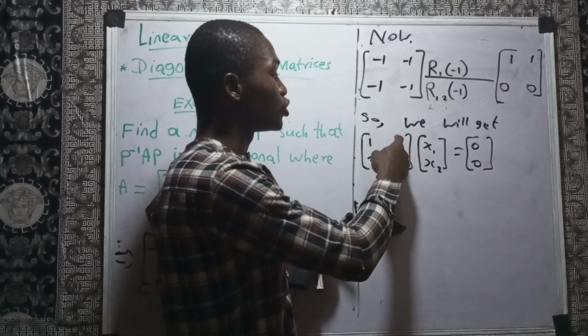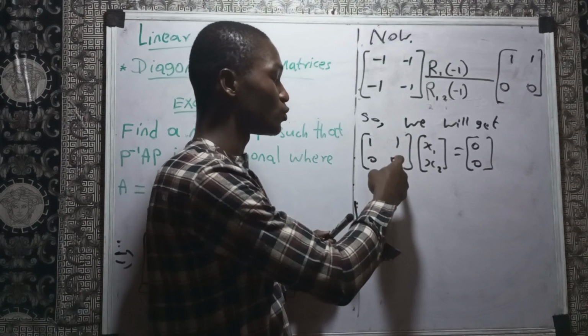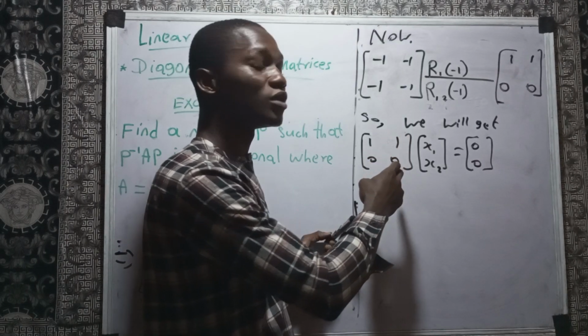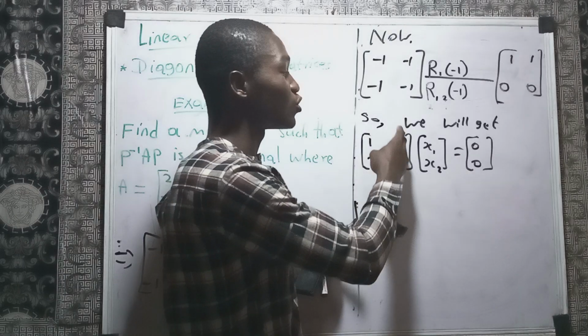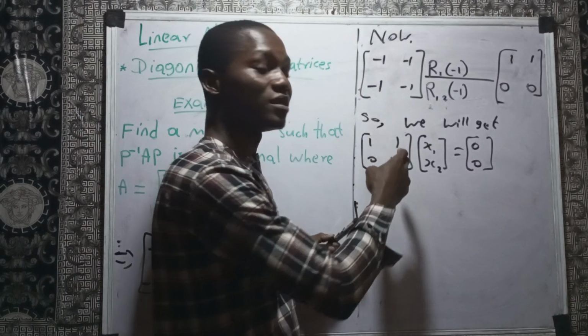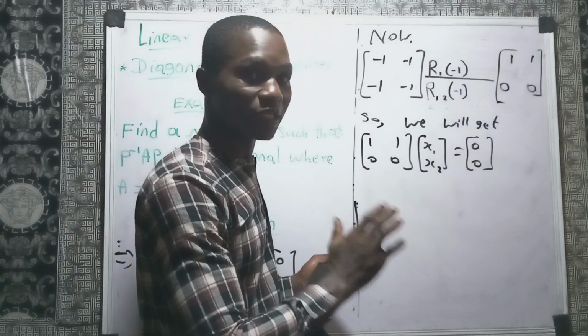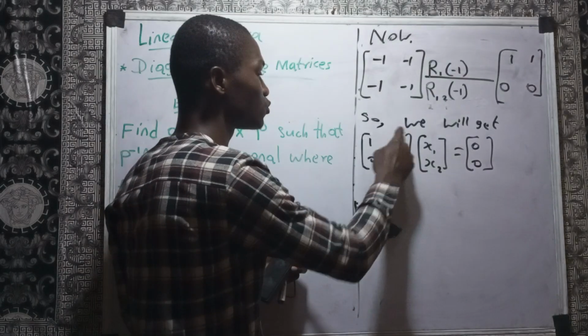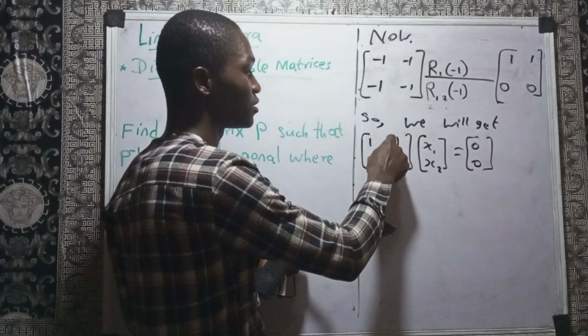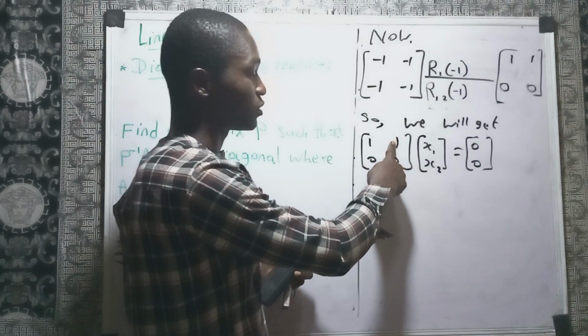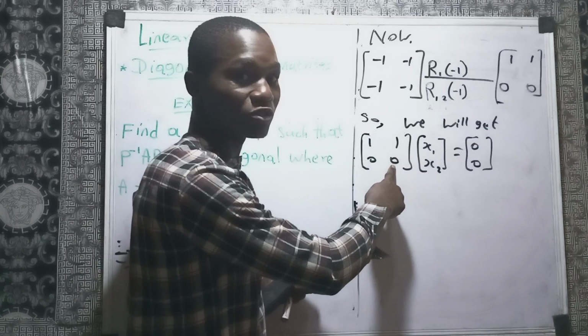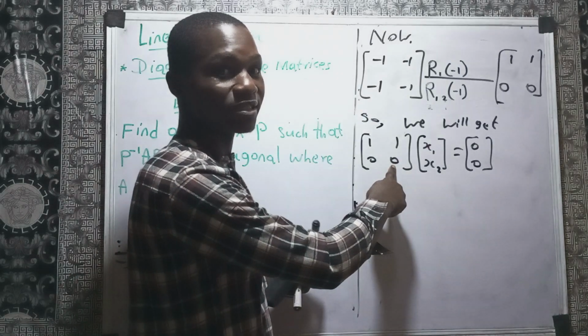So row 2 does not have a non-zero number, so it doesn't have a leading entry. Now, column 2 does not have a leading entry of any row at all. It doesn't have the leading entry of the first row, and the second row is 0 throughout.